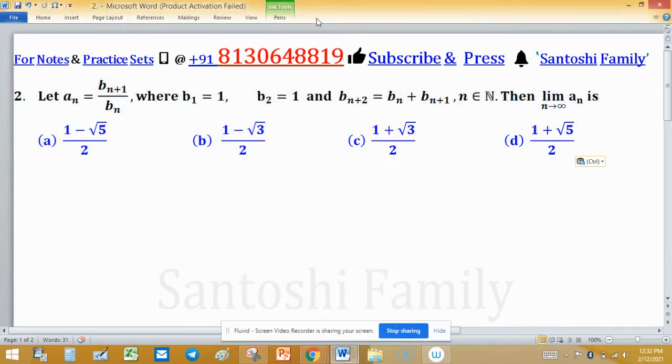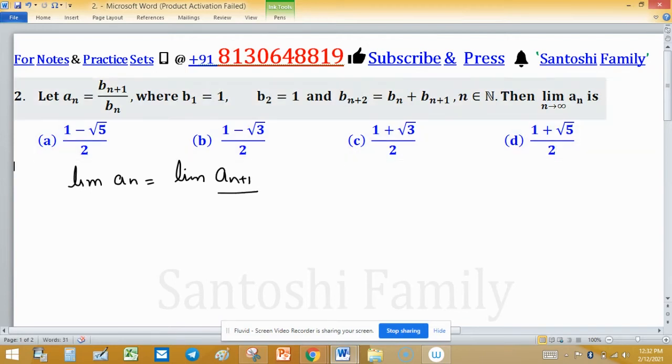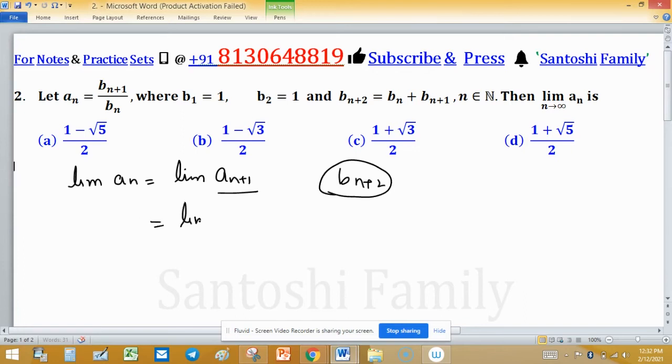What is the limit of a_n? The limit of a_n will equal the limit of a_(n+1). I use this one because we know the relation of b_(n+2), and I can use this conveniently. So the limit of a_(n+1) can be written as b_(n+2) divided by b_(n+1), because a_n is b_(n+1) divided by b_n.